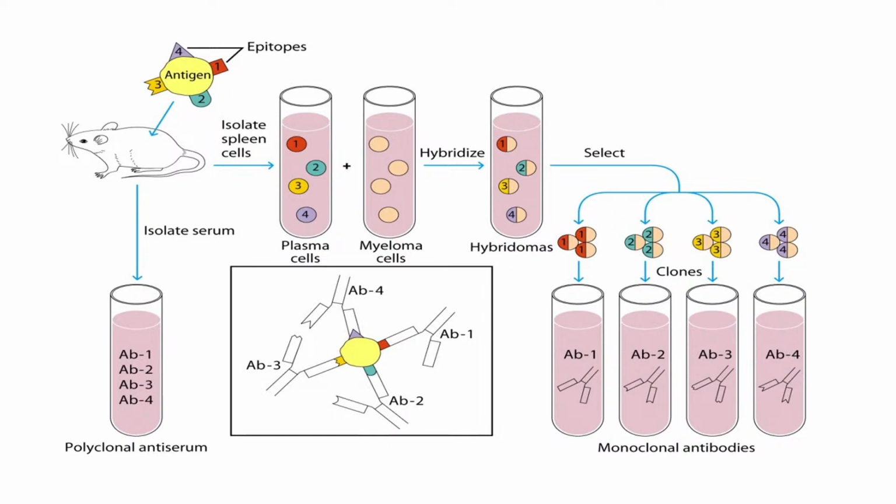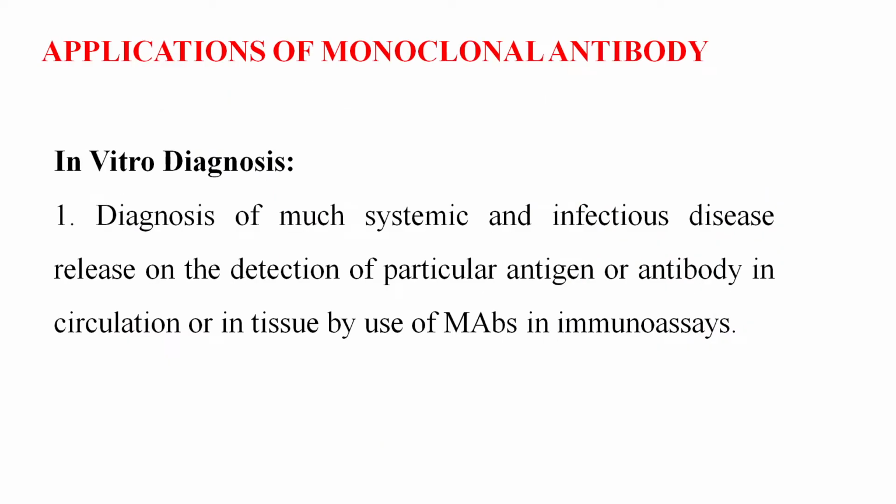And for these hybridomas, clonal selection is done, and all the hybridomas that are monoclonal, capable of producing monoclonal antibodies that are specific to epitope number 1, will be collected in one test tube. Here you can see the second class or line of clones are specific to the second epitope. So each monoclonal antibody's clones are specific to one particular epitope that is present on a single antigen. That is the level of specificity that we are talking about when we talk about monoclonal antibodies.